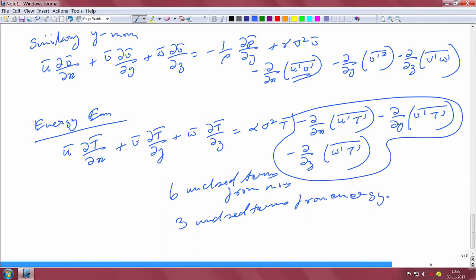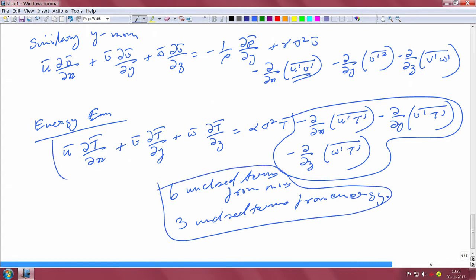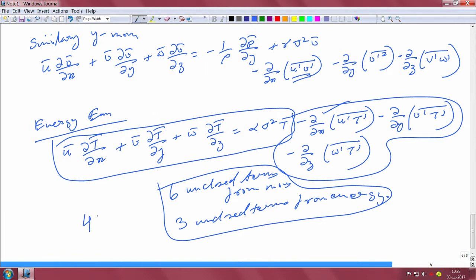Or in other words, we have created a problem in which, using this statistical method, we have been able to get this kind of equations, which has got now, out of the 4 equations basically, right, we have got 6 unknowns that has popped out. Okay. So, that is not good, right.